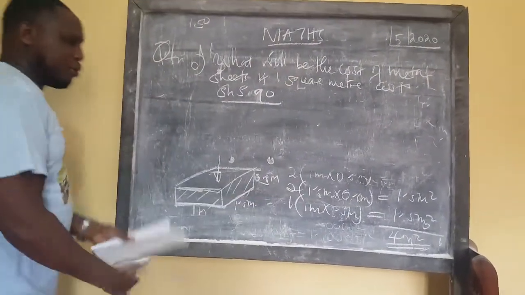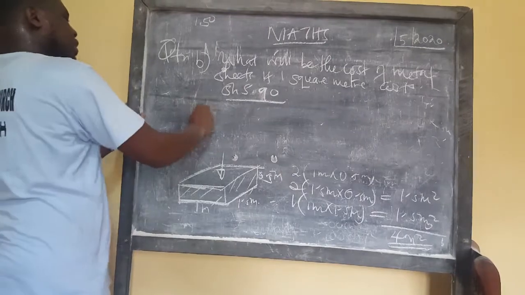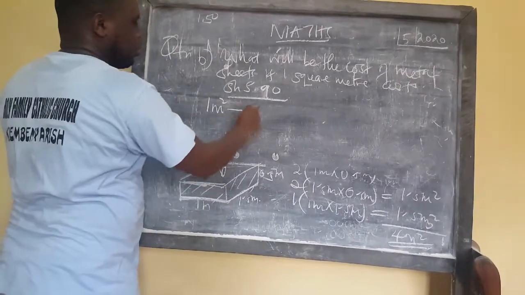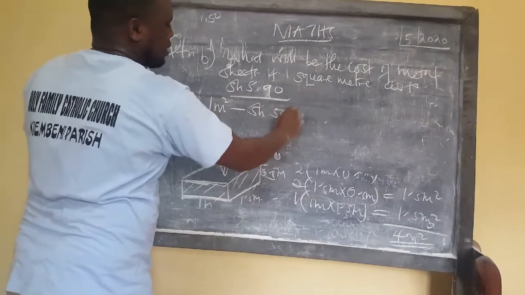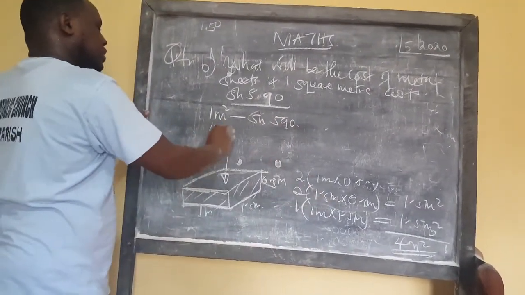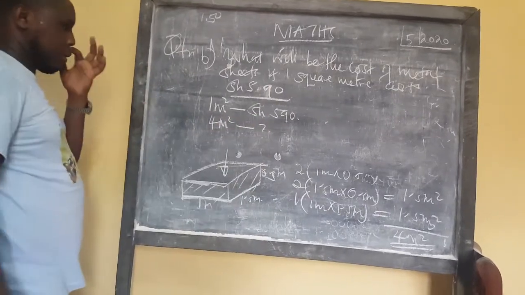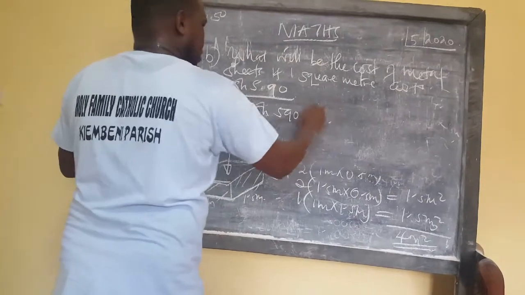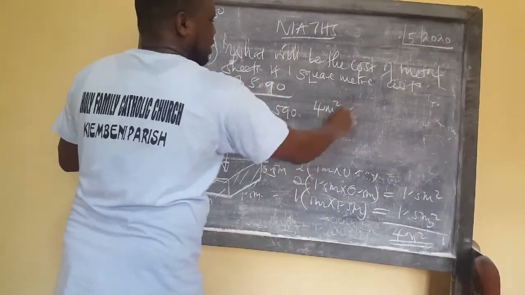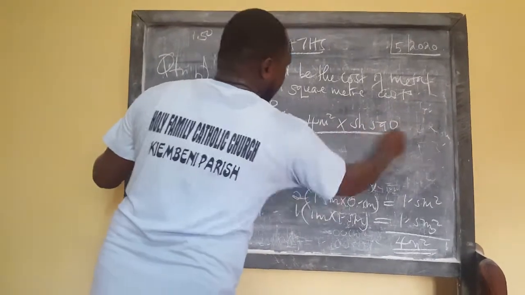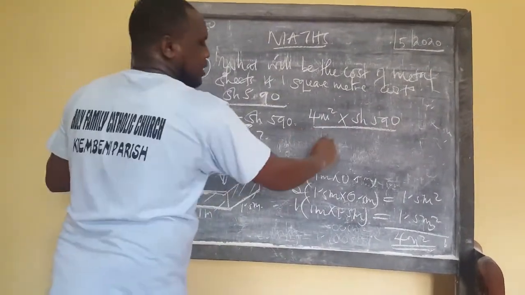So it's very simple. You say if 1 square meter is equivalent to 509 shillings, what about how many did we get there? We got 4 meters squared. Is what amount? So you cross multiply. So 4 meters squared times 509 shillings over 1 meter squared.